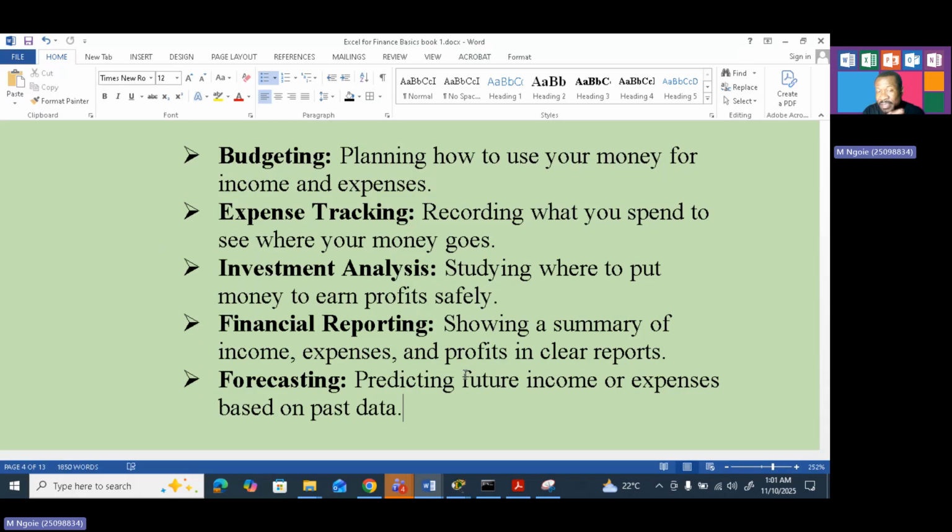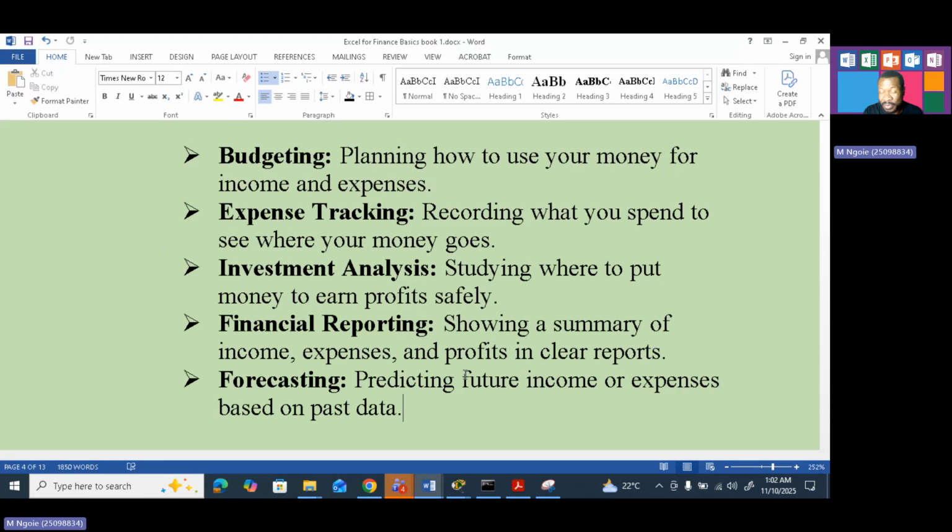And number three, it's for analyzing investments. What does investment analysis mean? Studying where to put money to earn profit safely, right? It means understanding where to put your money, what to do with your money in order to make profits.